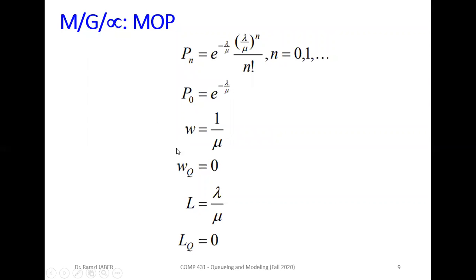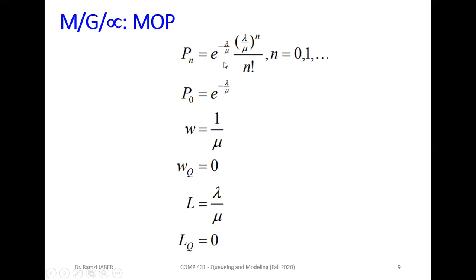Like M/M/infinity, it's similar to M/M/infinity. L equals rho, W equals 1 over mu, WQ equals 0, LQ equals 0. These MOP parameters are similar to M/M/infinity. The exception here, in M/G/infinity, P0 equals e to the power minus rho, and Pn equals e to the minus rho, rho to the n over n factorial.